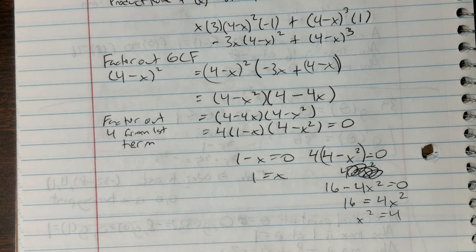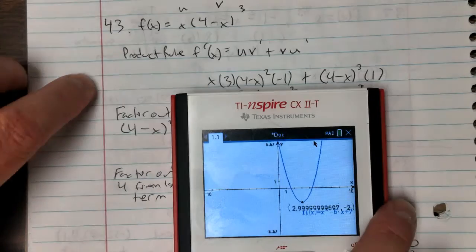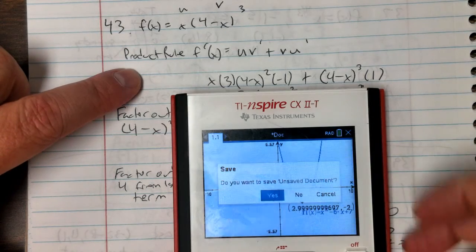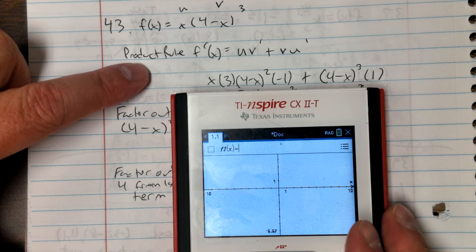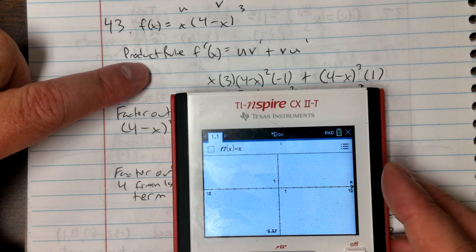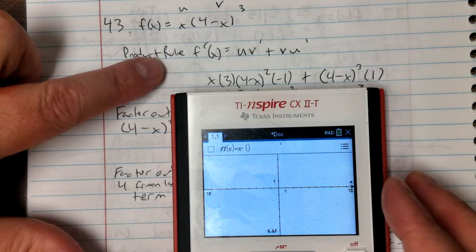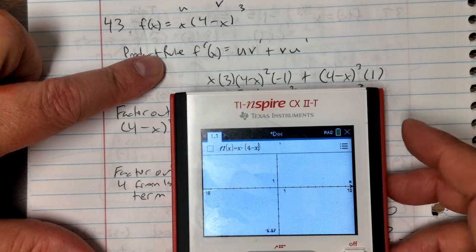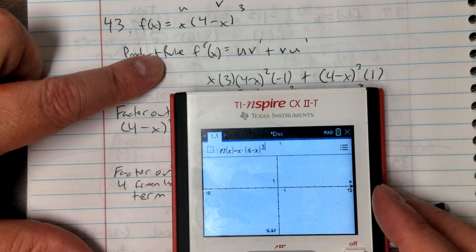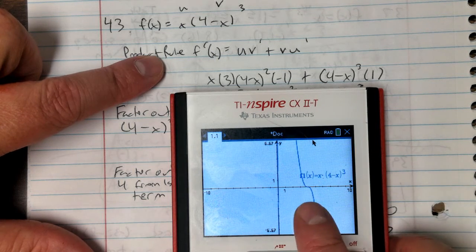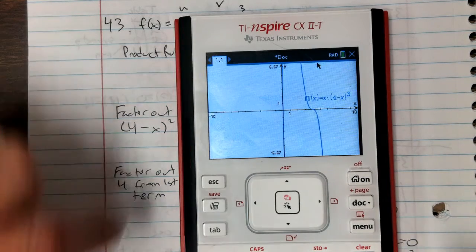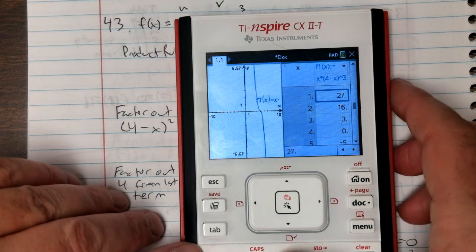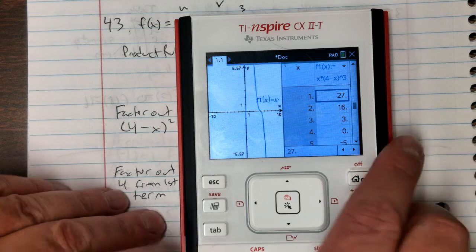What we're going to do on this one is graph it. And it looks like at 4 it's going to change direction. Yeah, sure enough it did.